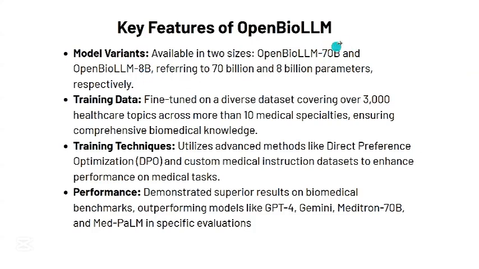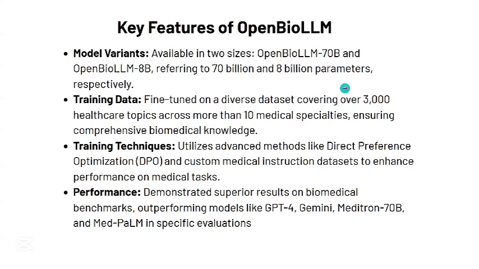For the 70 billion model, you need more resources. I don't have that many GPUs because I'm going to use Google Colab. So I'm going to use 8B with the provided resources in Colab. But the better one is 70B.